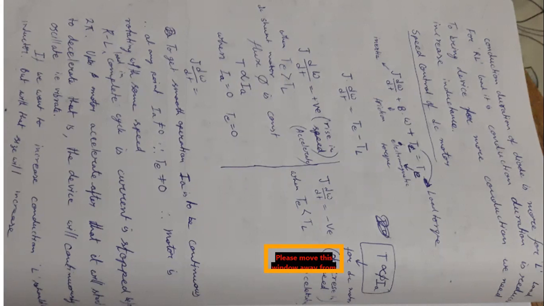If the frictional loss is constant, we can consider J d omega dt equal to TE minus TL, that is, electromagnetic torque minus load torque.